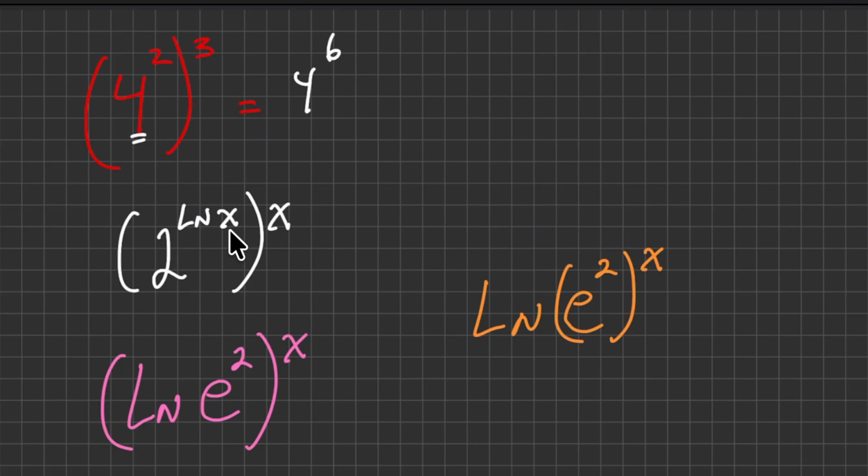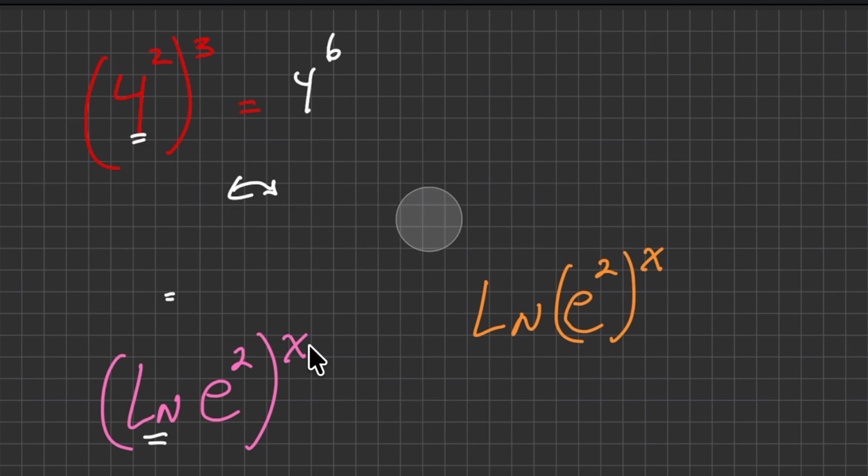Here, 2 to the ln of x, entire function raised to the x, because that 2 is an integer, we can legally say this is the same as x times ln x. However, things change when we're dealing with a log function. And these two are different problems.